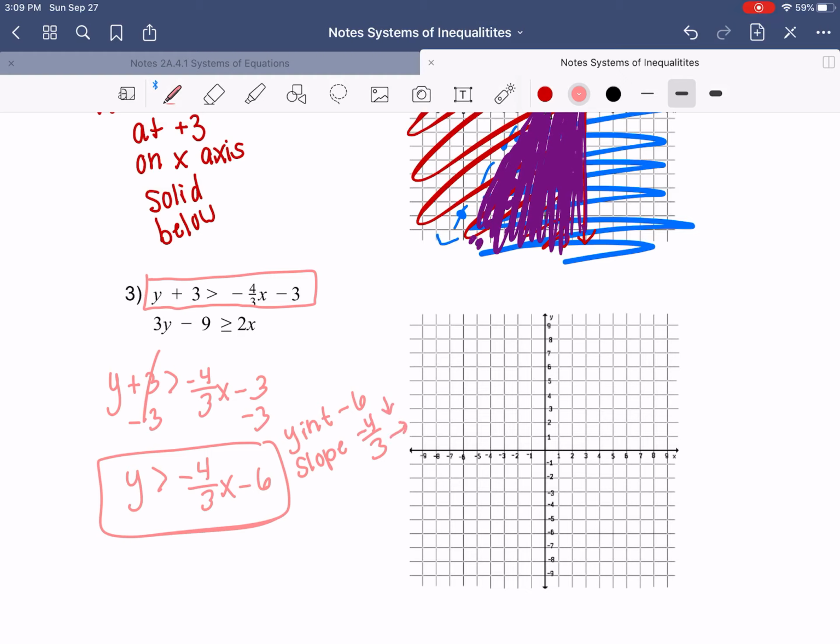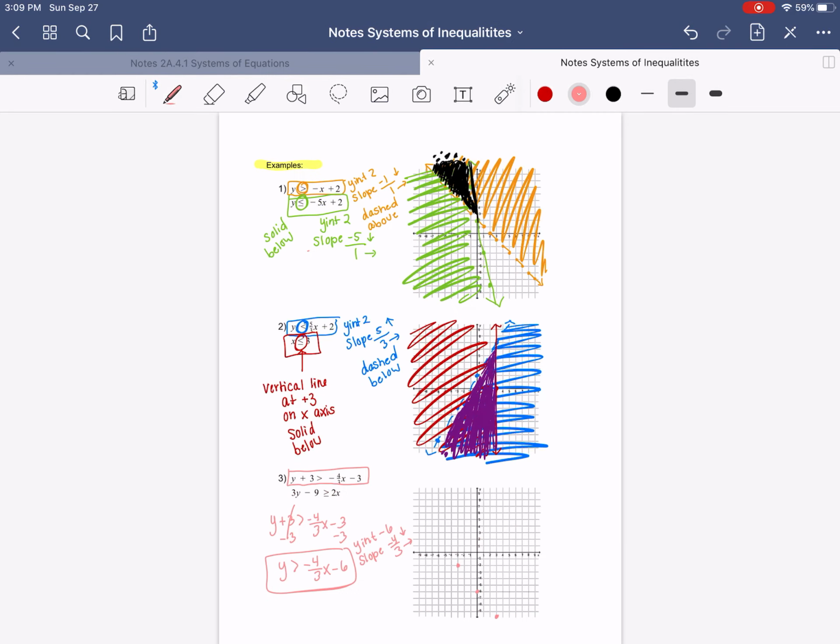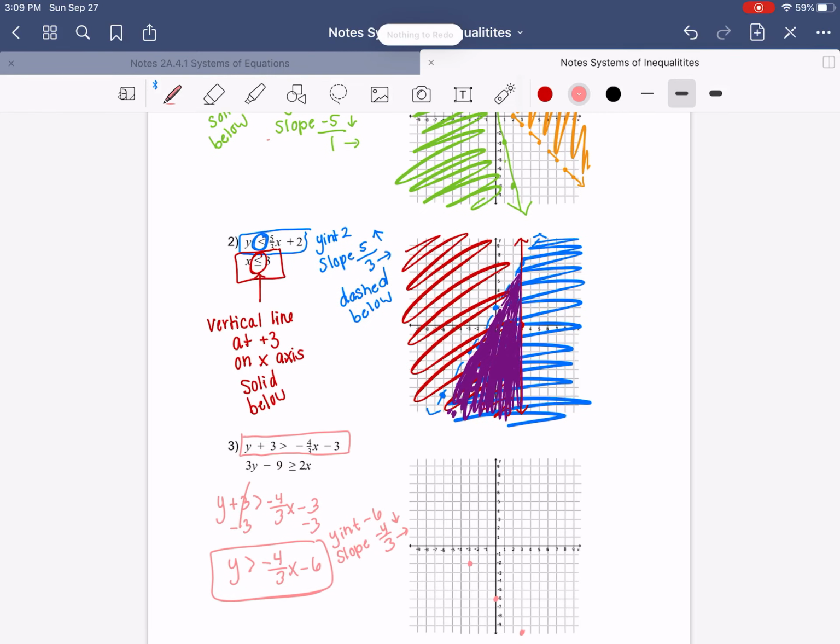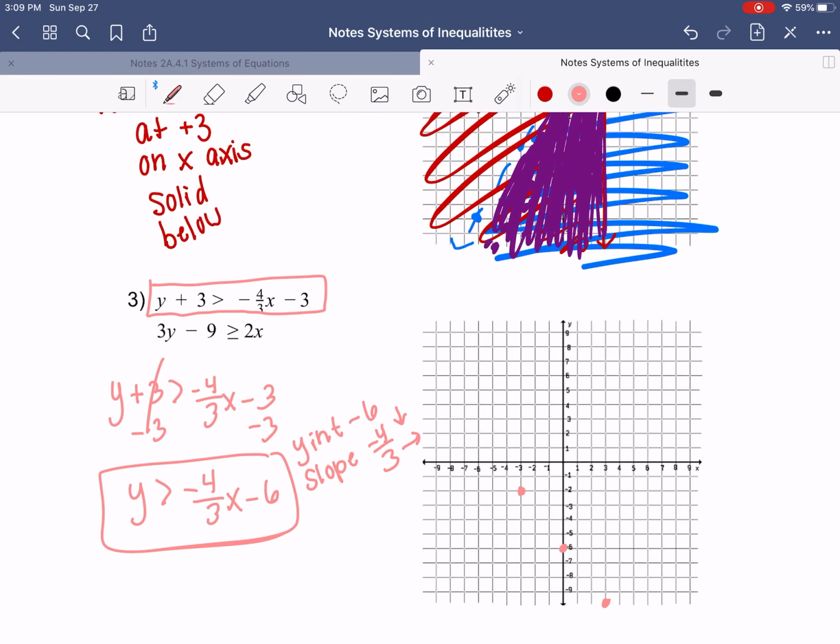So I plot my y-intercept at -6. I go down 1, 2, 3, 4, right 3. I ran out of room, so I could do the opposite. I could go up 4, left 3. So up 1, 2, 3, 4, left 3. Sorry, my iPad keeps moving us. Up 4, left 3.